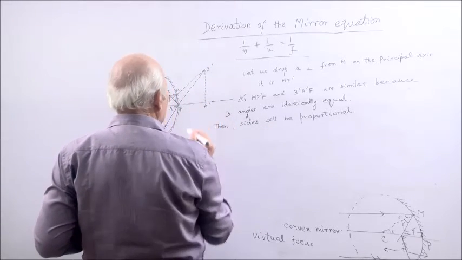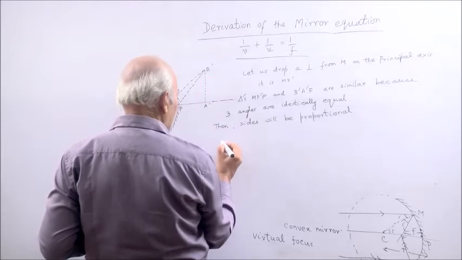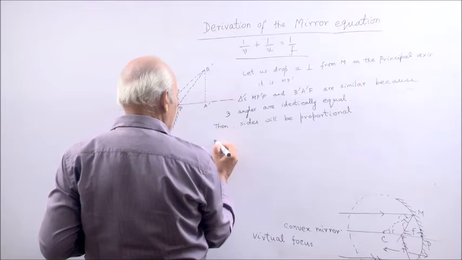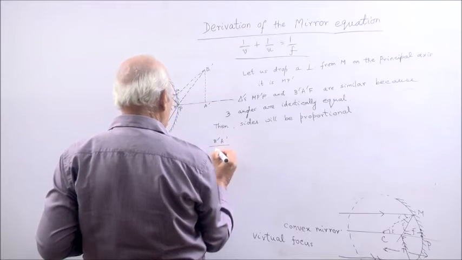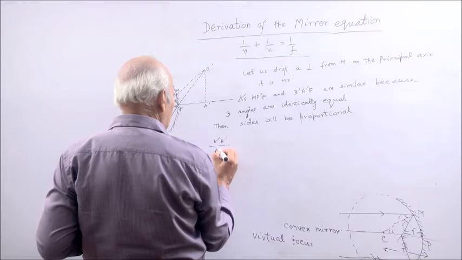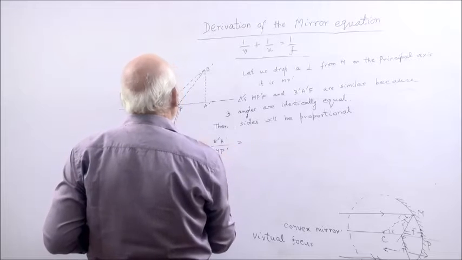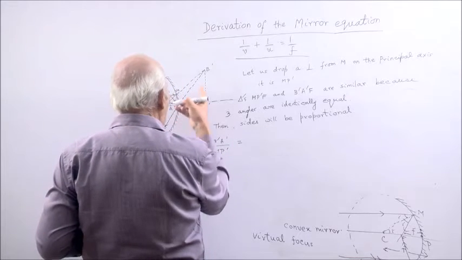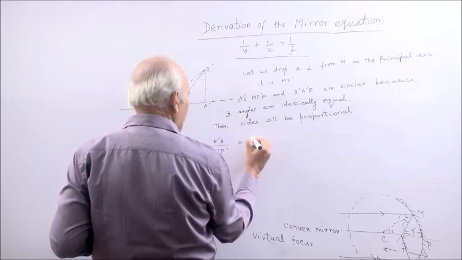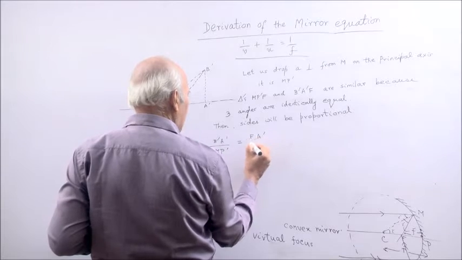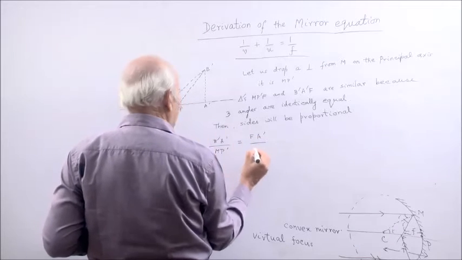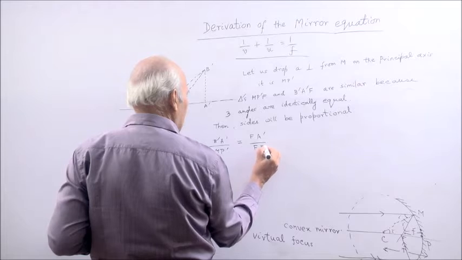Let us say the bigger triangle first. So, B dash A dash by M P dash is equal to F A dash by F P dash.